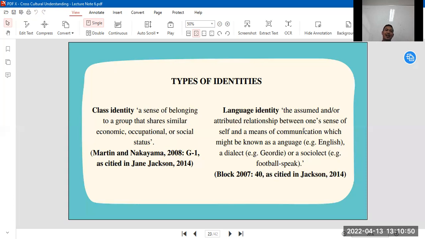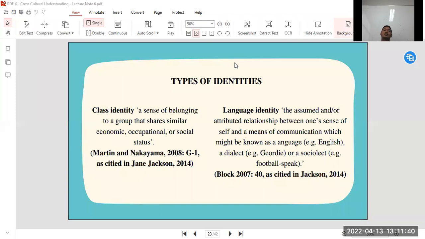Next is the language identity. Language identity is the assumed and or attributed relationship between one's sense of self and a means of communication, which might be known as a language, let's say English, a dialect, Geordie, or a sociolect, football speak, by Block, 2007. Language identity is also associated with the notions of avowal and ascription that were explained earlier.